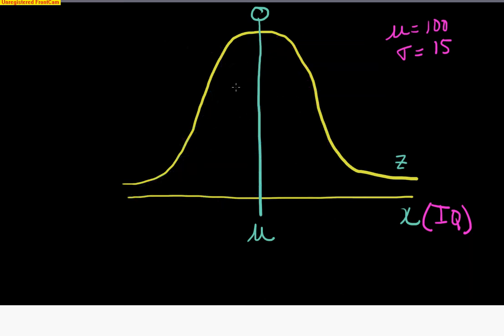Okay, now we're just going to do one last slide to look at one more way that we deal with the z-table, and that is when we have something in the reverse. Let's say I ask what IQ score is the 95th percentile.